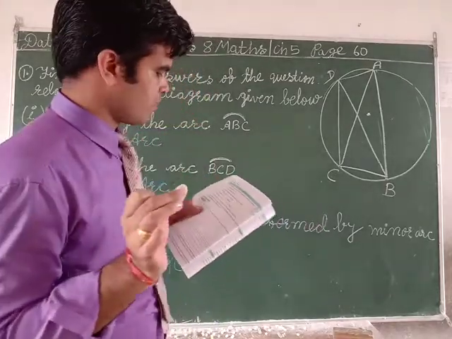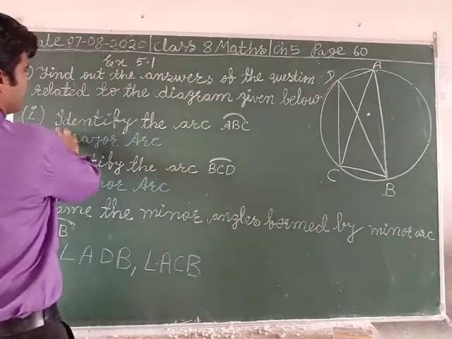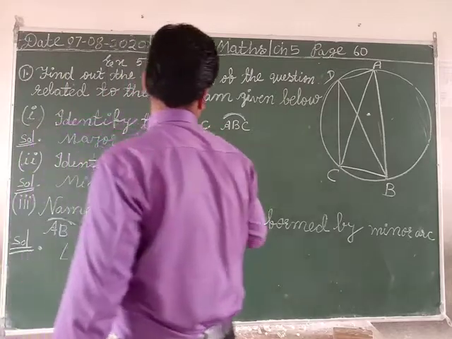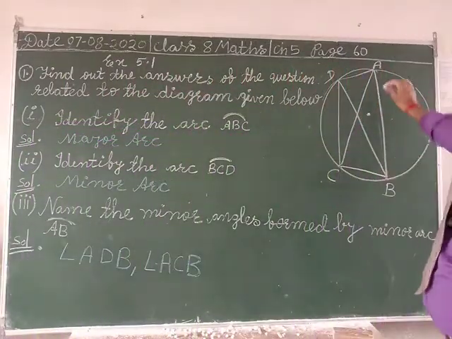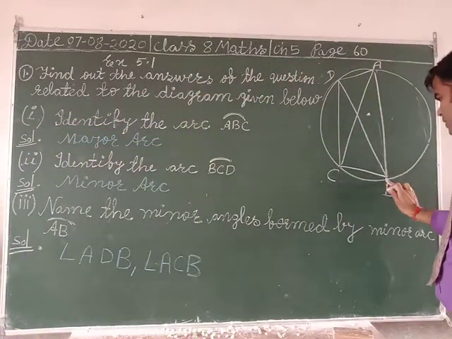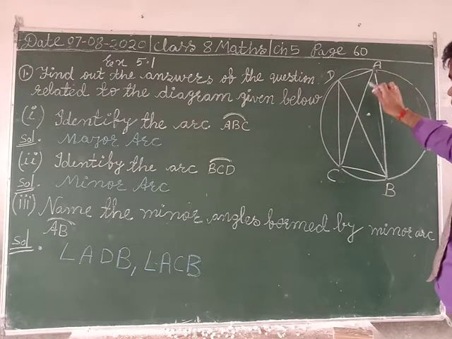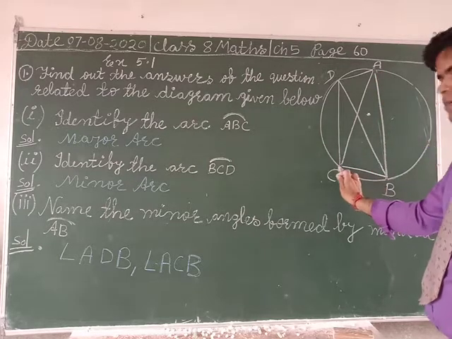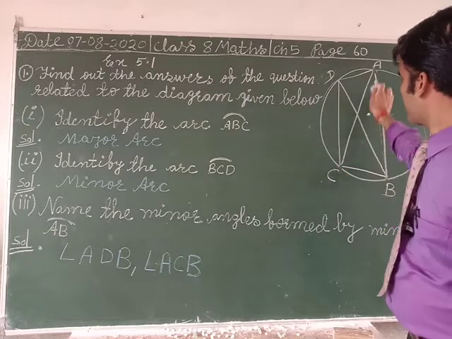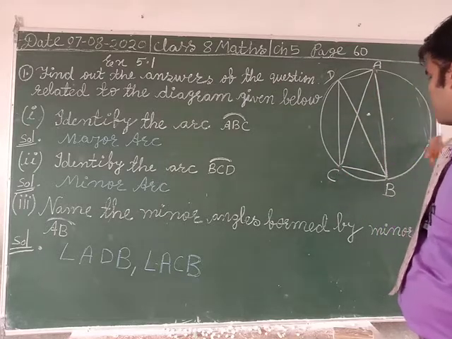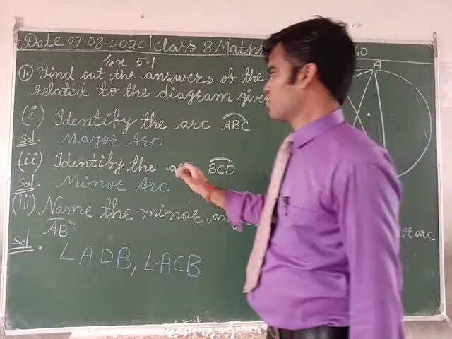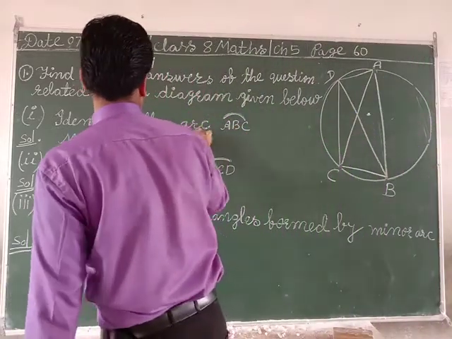Now we discuss some questions. First, identify the arc ABC. Now we see A, B, C. This arc is very big as compared to this arc. Big means major arc. So arc ABC is a major arc.